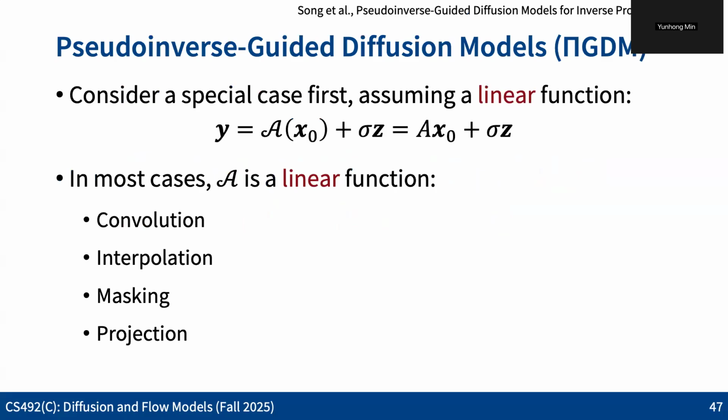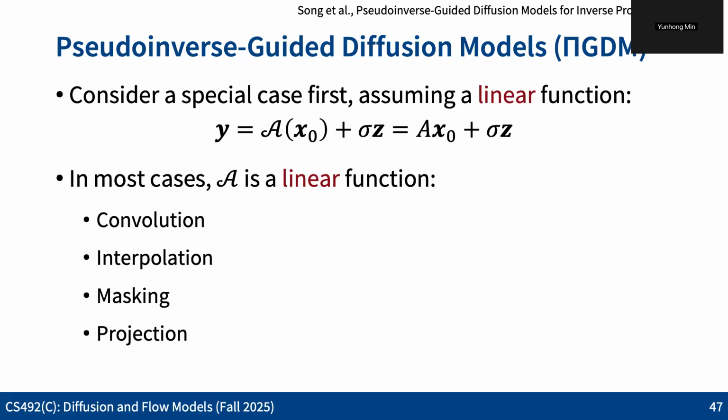So before we get into more details, let's think about an easy case first. We are assuming that this mapping function, A, is a simple linear function. This linear function means that the observation Y can be achieved by multiplying some matrix into the clean data point X0.